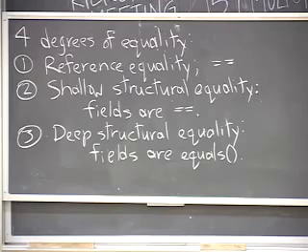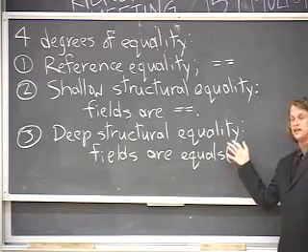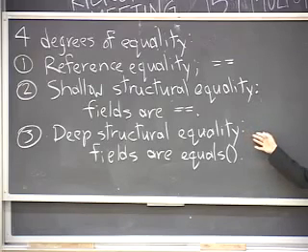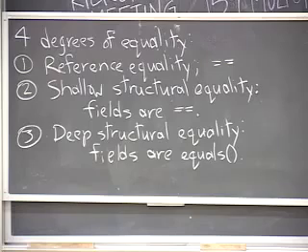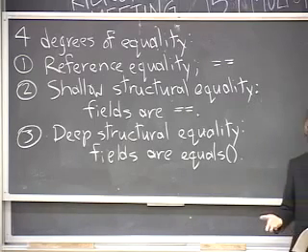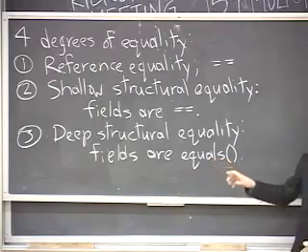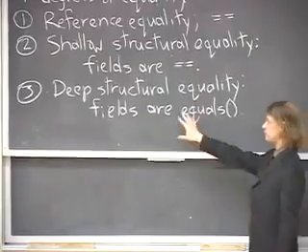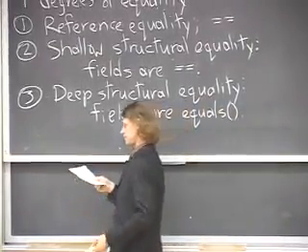And what that means depends on what kinds of references are stored in those objects. But in the case of a list, checking whether two lists have deep structural equality will typically mean going through the whole list, and even though they have different list nodes, checking whether their items are equal. And I'll give an example of code that checks that shortly.